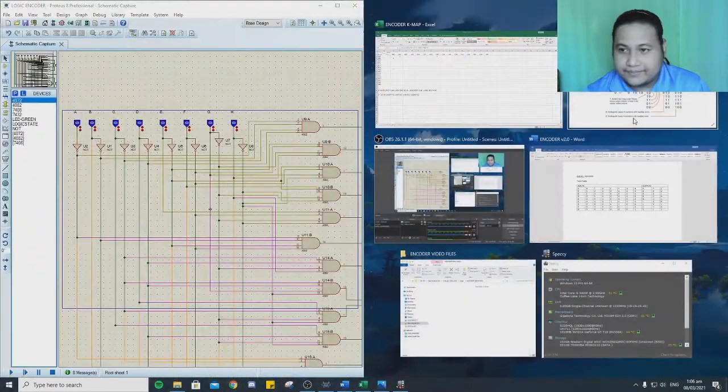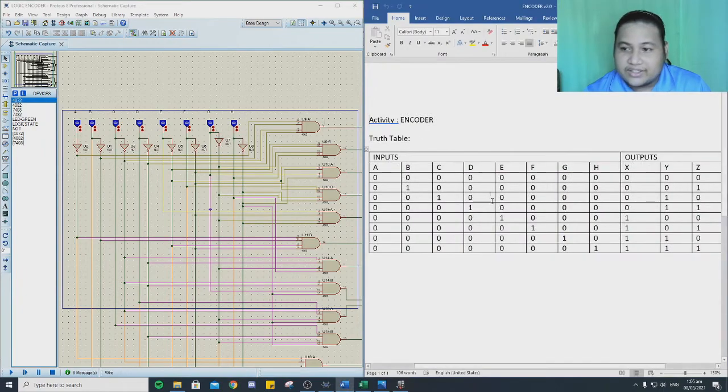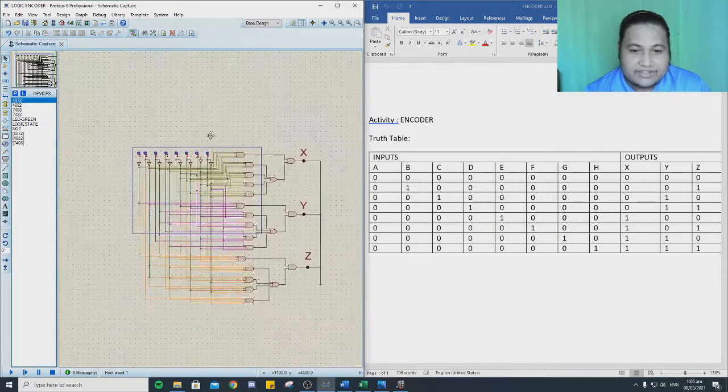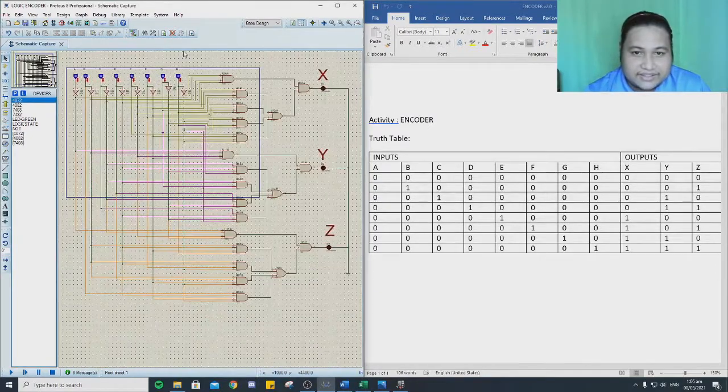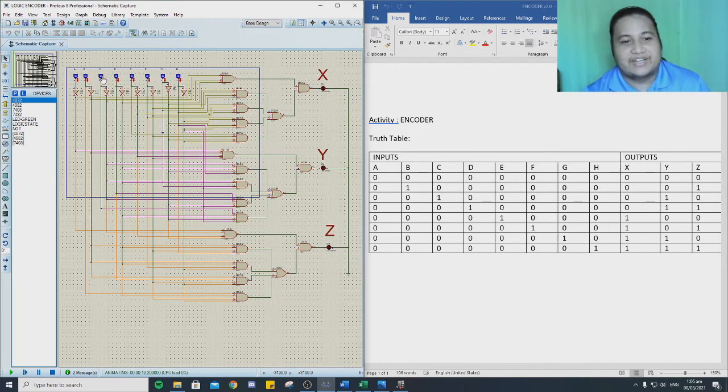If we start these schematics, you will see that if only the input is B, its output is only Z, which matches our truth table and K-map Boolean equation, right?